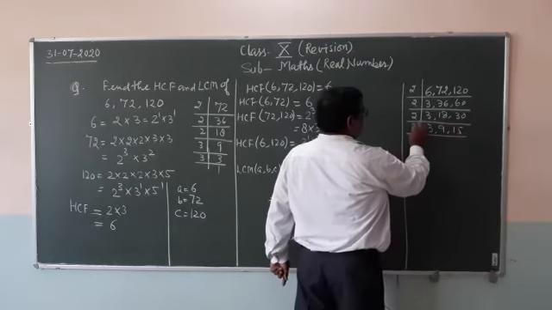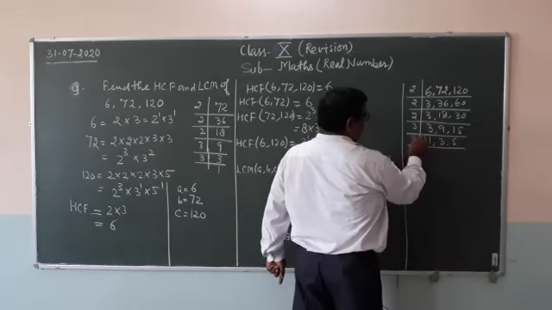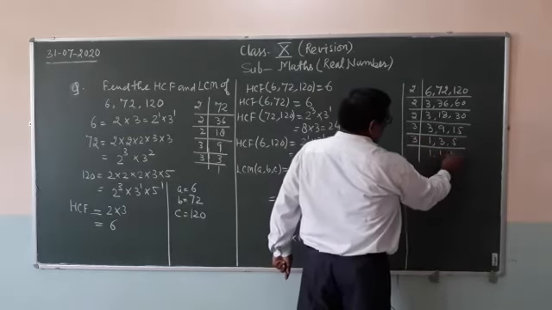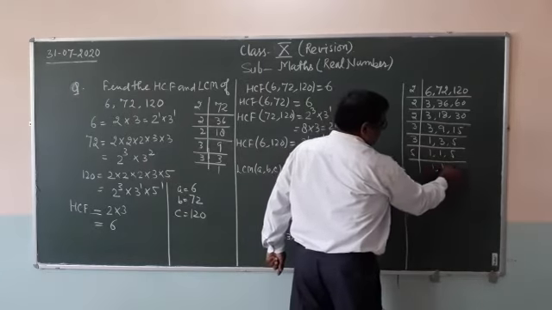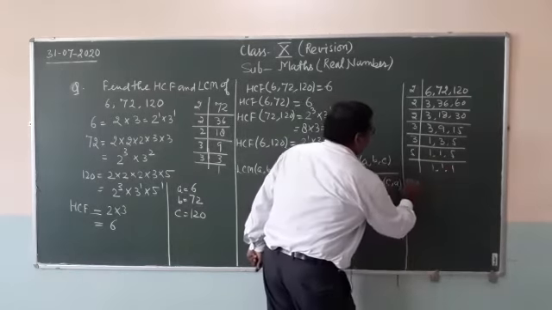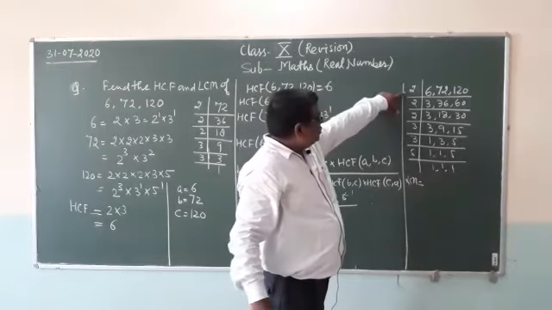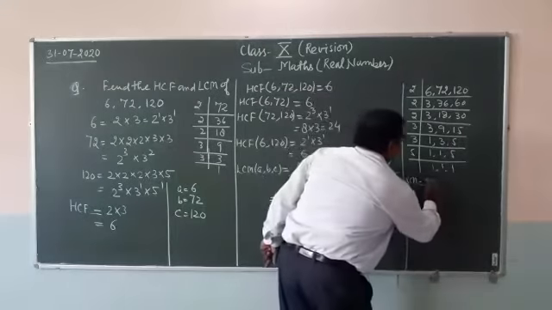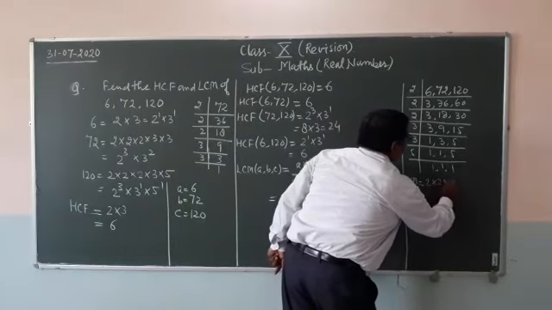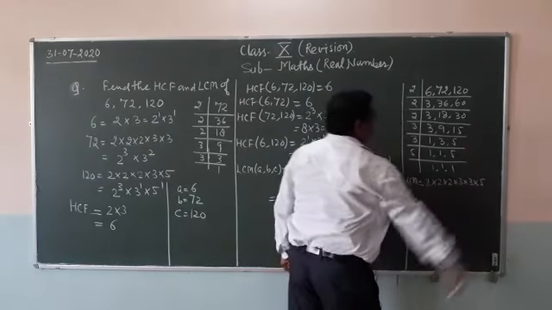Then 3: 1, 3, 5. Again 3: 1, 1, 5. And then 5: 1, 1, 1. Therefore LCM is equal to 2 into 2 into 2 into 3 into 3 into 5.